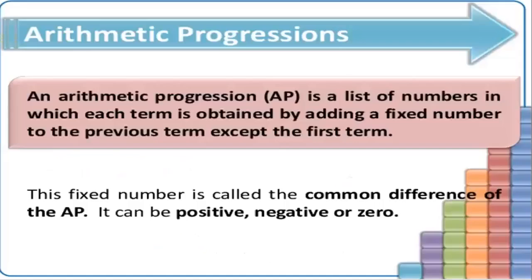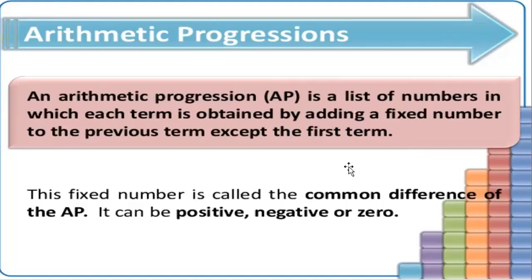Now let us proceed to the definition of arithmetic progression. We have already understood what is arithmetic progression. Arithmetic progression is obtained by adding a fixed number to the previous term to get the next number in the sequence. So an arithmetic progression is a list of numbers in which each term is obtained by adding a fixed number to the previous term except the first term.